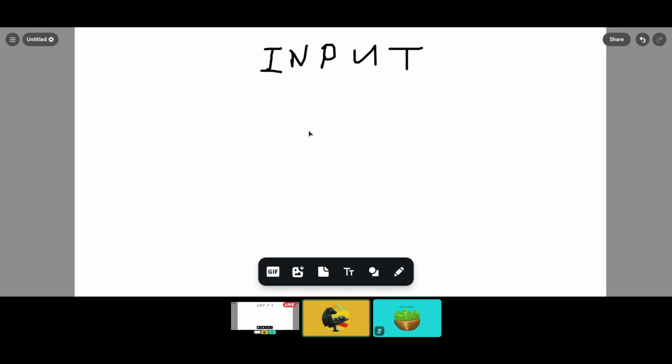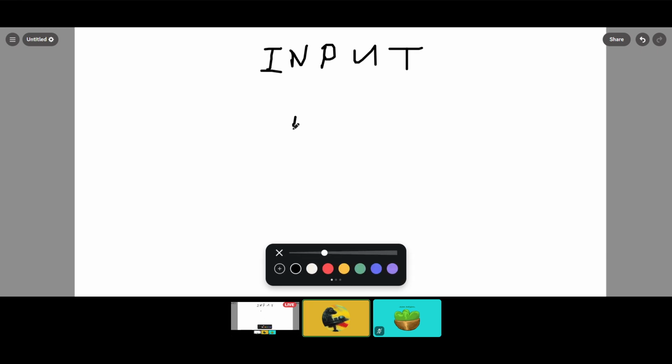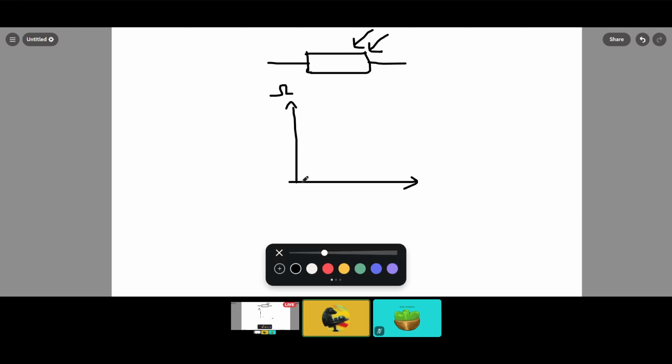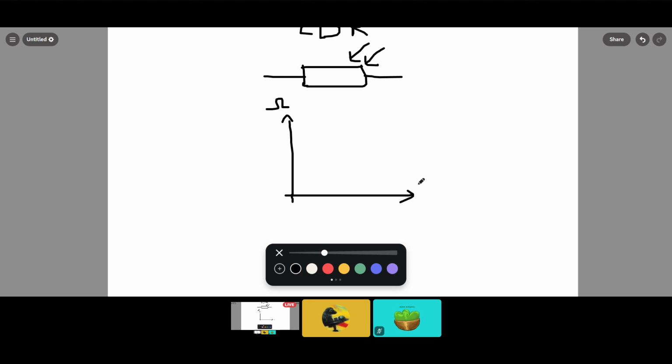The LDR. The LDR stands for light dependent resistor, and I suppose you can guess its operation. It changes its resistance based on the light intensity around it, and this is the symbol. We can plot a graph of its resistance and the light intensity.